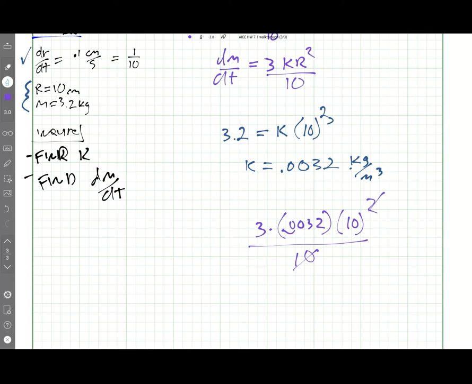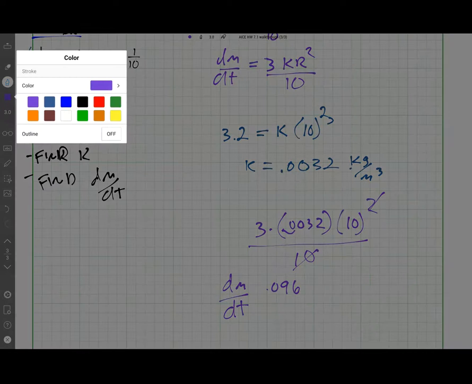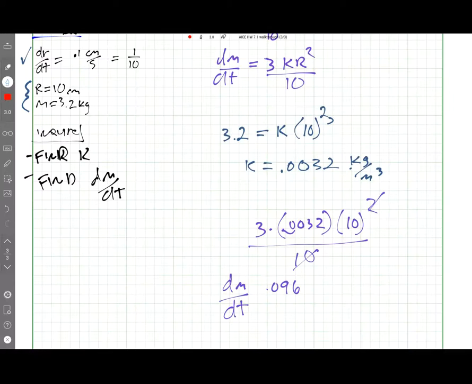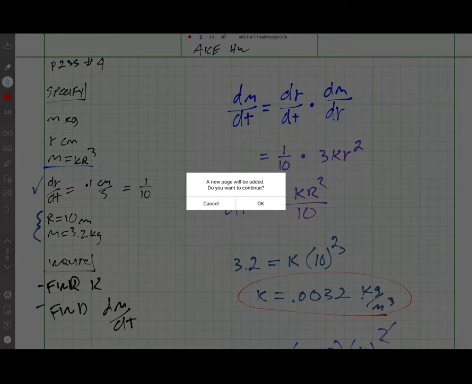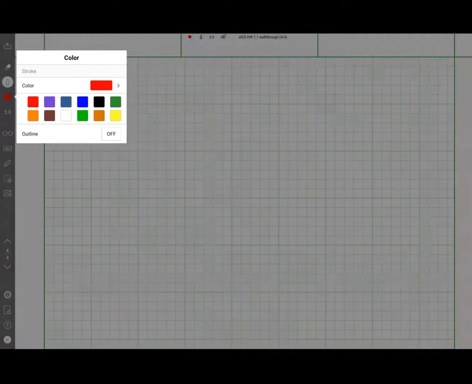So we have 0.096 for dm/dt. So we found dm/dt, and we found k, which is what they were asking for. So that's that one, and then let's go on to the next question, and the last question in the homework.